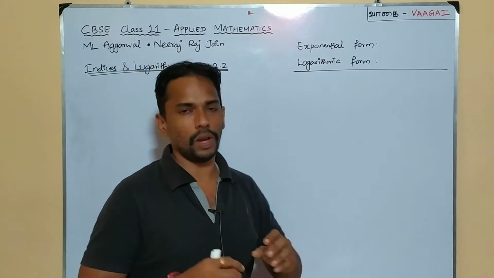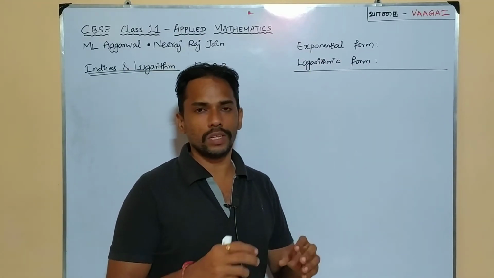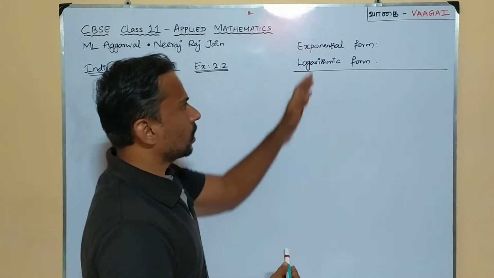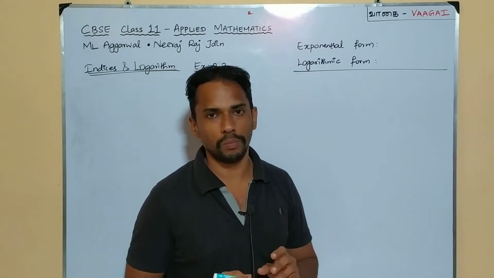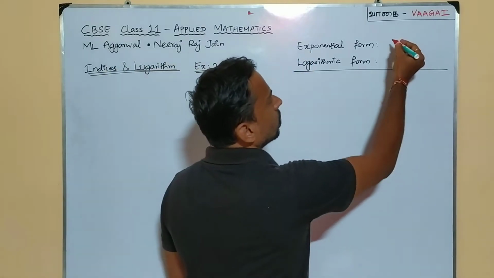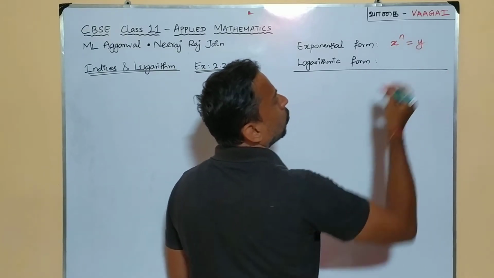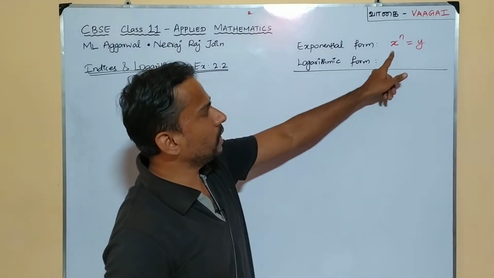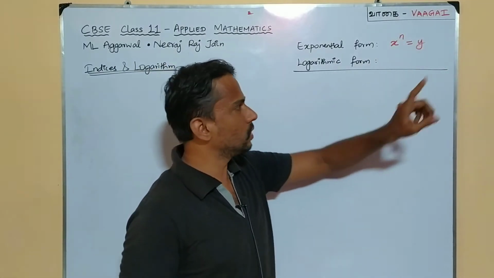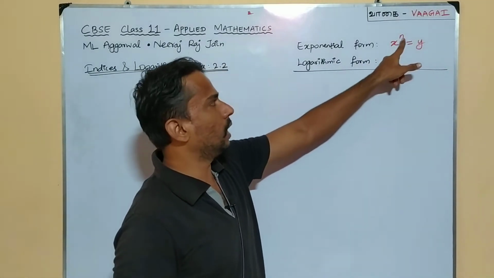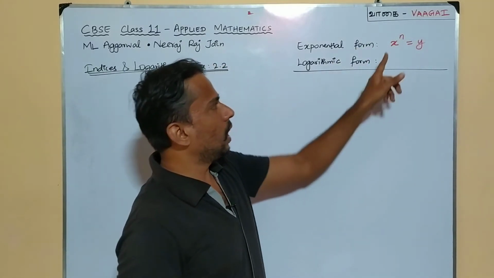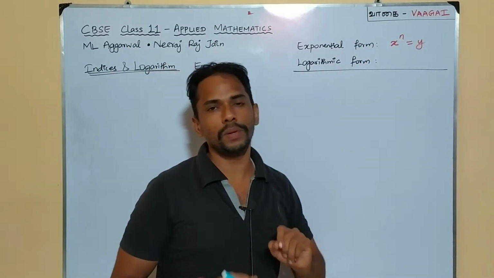Let me show an example of how it can be done. In a general way, if we have any exponential form, I am writing an example: x to the power n is equal to y. Here x is the base and n is the power, that's the exponent, and the value of x to the power n is going to be y.